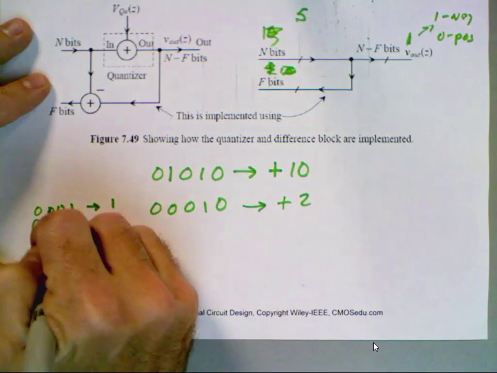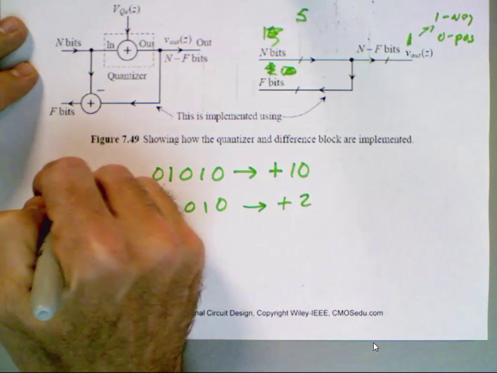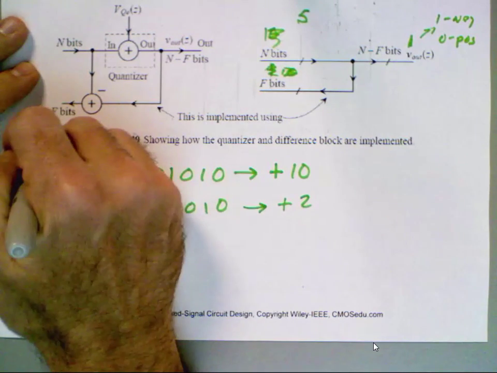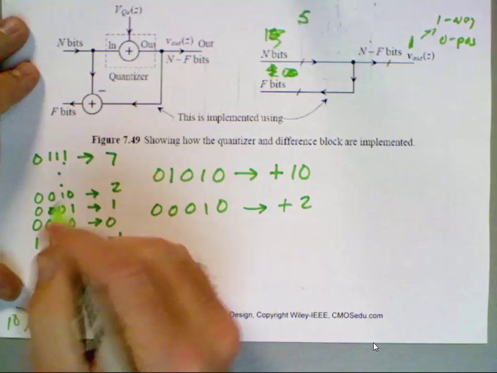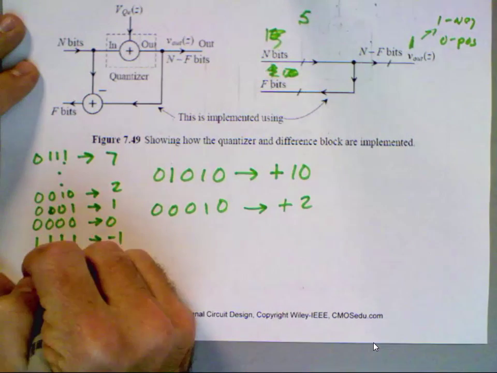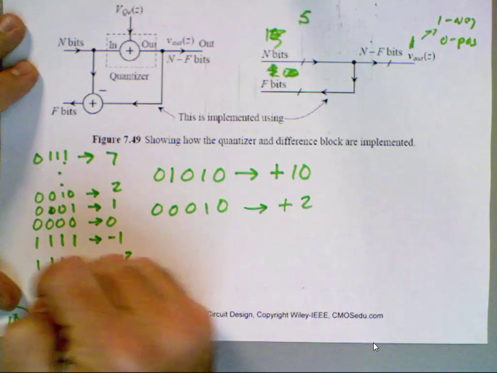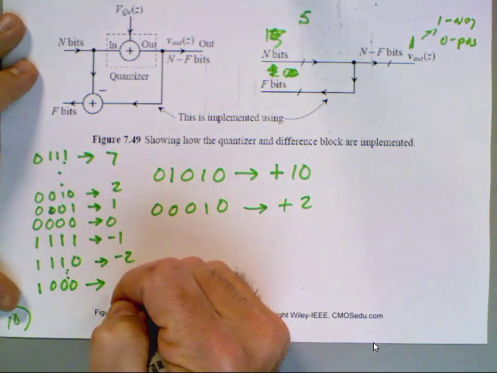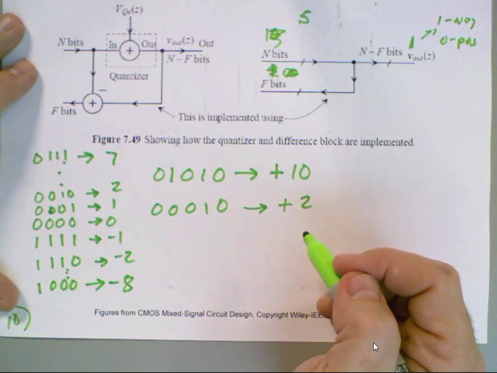I get 1 1 1 1, which is minus 1. And I get 0 0 1 0, which is 2, all the way up to 0 1 1 1, which is 7. And all the way down, we'll get 1 1 1 0, which is minus 2, all the way down to 1 0 0 0, which is what?